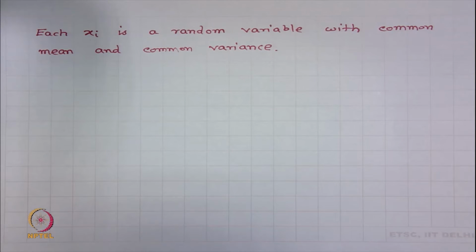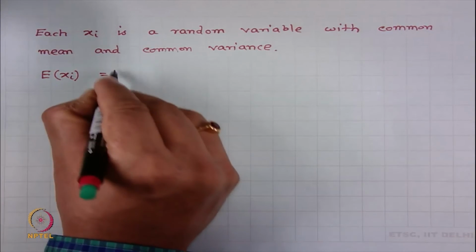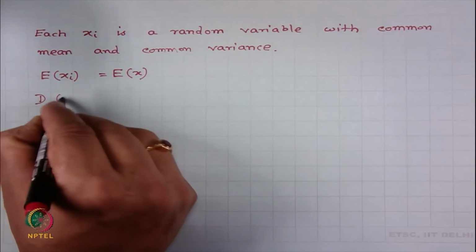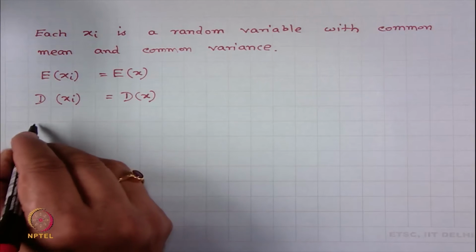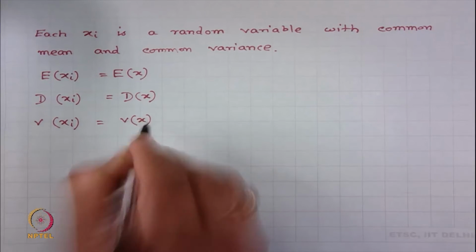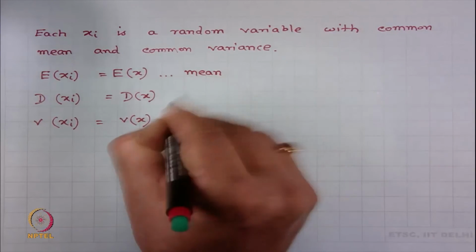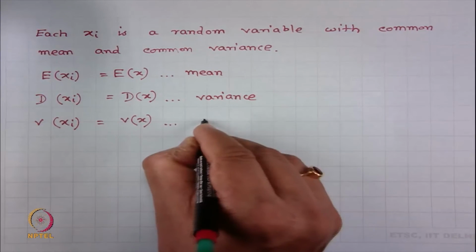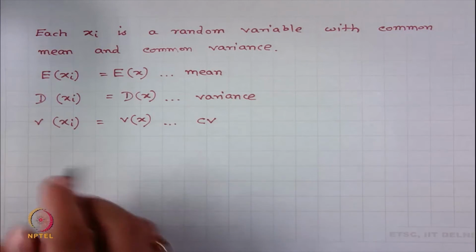If we consider this, then the mean, expectation of x i, becomes common. Similarly, the variance of x i becomes common. Similarly, the coefficient of variation of x i becomes common. So, this is your mean, this is your variance, and this is your CV, coefficient of variation, right.